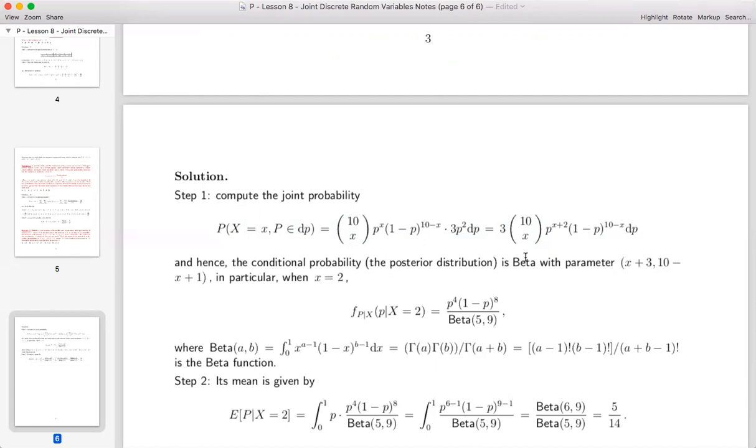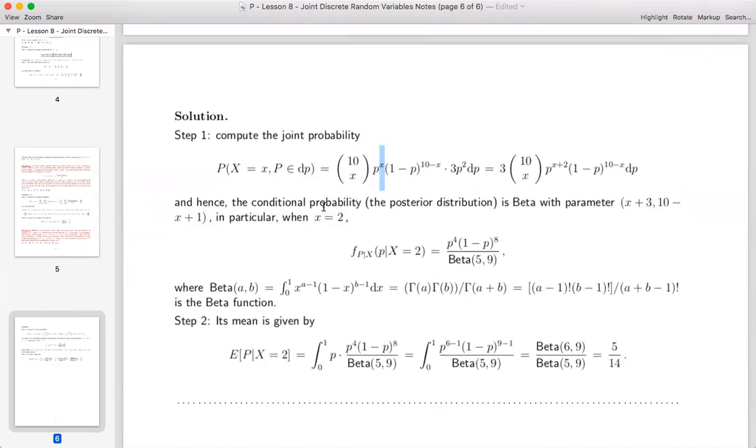Here's our function. And then of course we can move the 3 outside and add 2 to our x once we distribute this. Because we distribute this, the 3 can go out front and put the 2p here, so make that x plus 2.